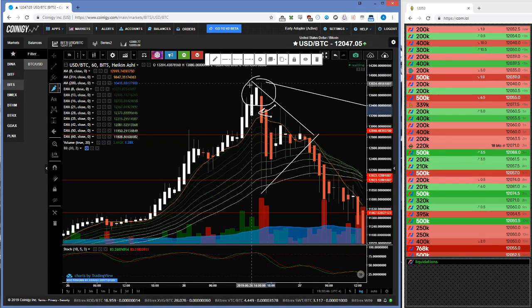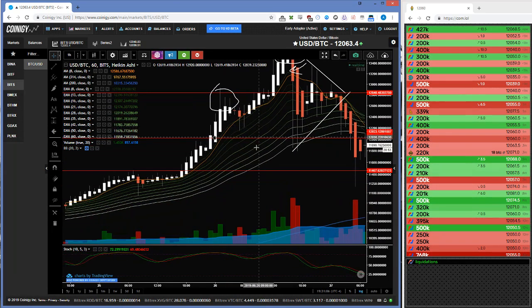So we're really overextended, and the orange one is the 8, which is a very important one. Usually if you're in a trend, the price is going to ride the 8. But if you get overextended from them, usually you'll come back. So that's a way to trade.